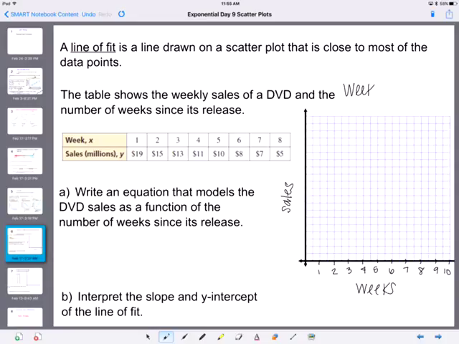Our title is weekly DVD sales. Our sales, I'm going to count by ones.